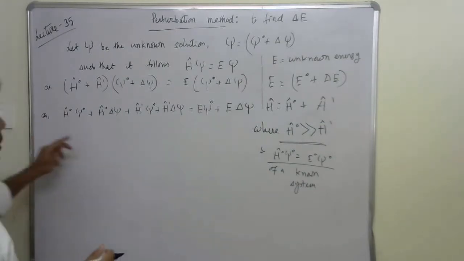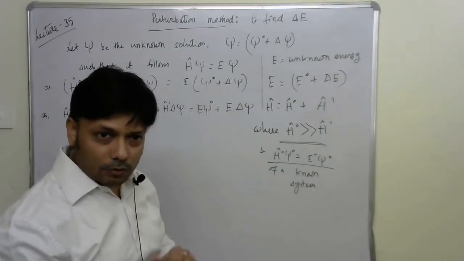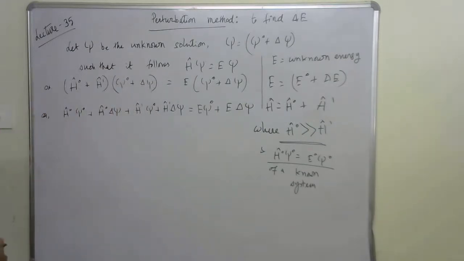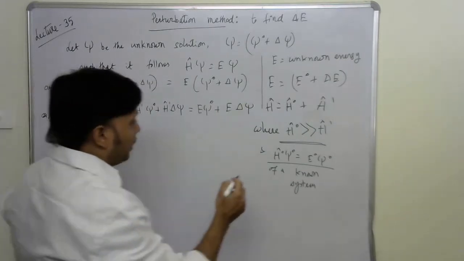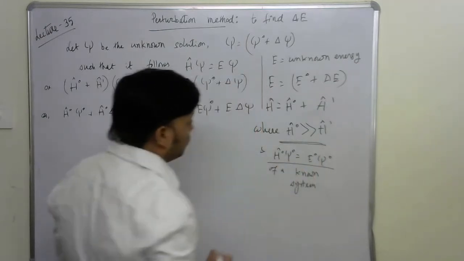Now we see we have many terms on the left hand side and only two terms on the right hand side. We already have H0 psi naught is equal to E0 psi naught.